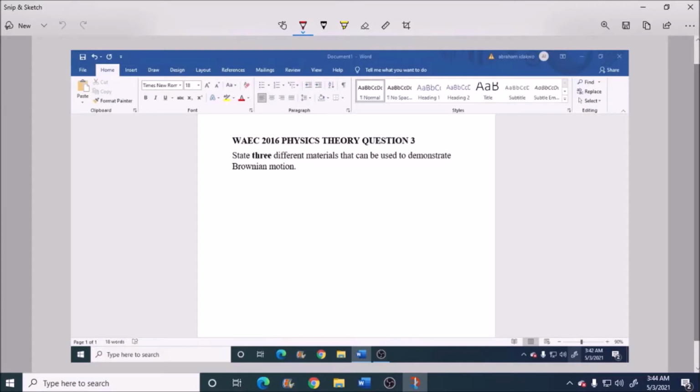So I will go ahead and list the 3 materials that can be used to demonstrate Brownian motion. Number one, we have the pollen grain.